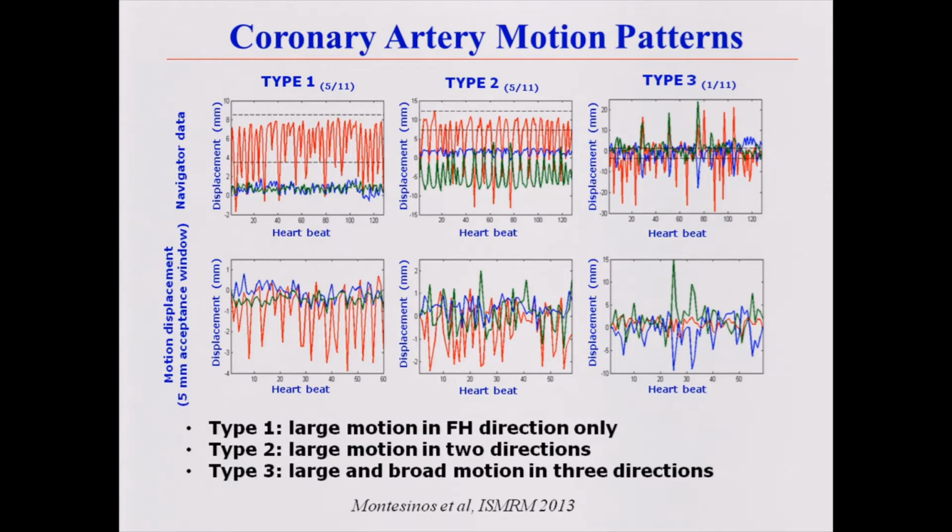I won't go into it. This is from an abstract she presented recently. But you can see that the motion of the coronary arteries is sometimes on the order of 20, 30 millimeters. So clearly, if we're going to image the coronaries by MRI, we're going to have to overcome this motion problem, and that's not a simple solution.